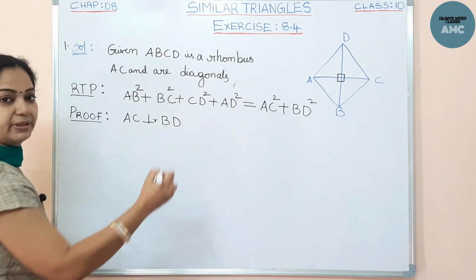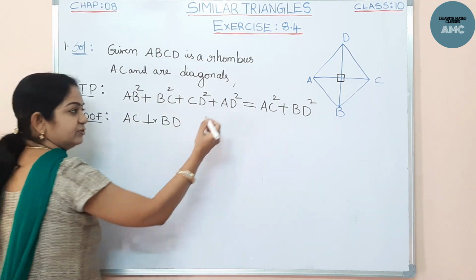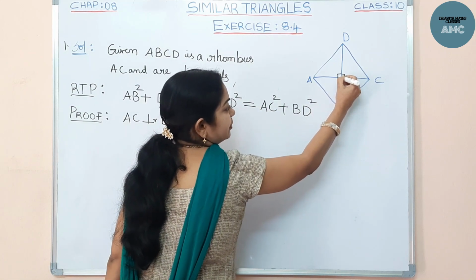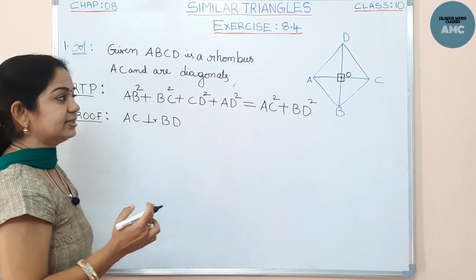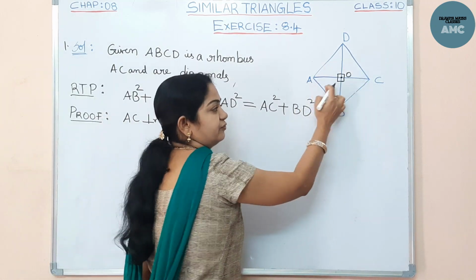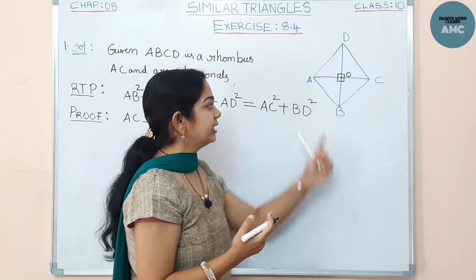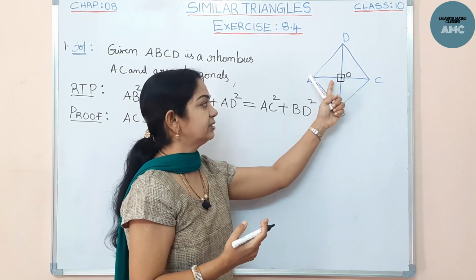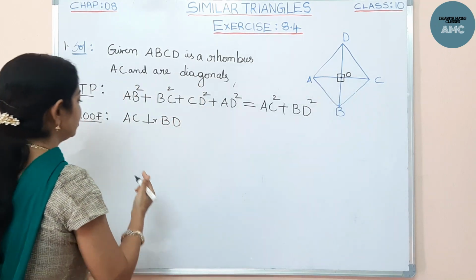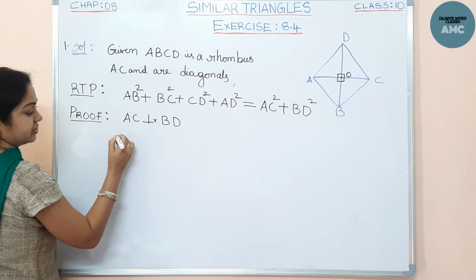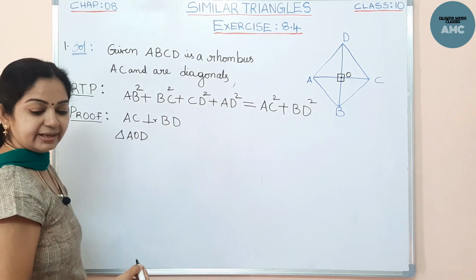Now, if you take the point of intersection, the center point, as O, there are 4 triangles formed here, 1, 2, 3, 4, and the 4 triangles are right angle triangles, because these are perpendicular bisectors, meaning 90 degrees. So now let us take triangle AOD, which is a right angle triangle.